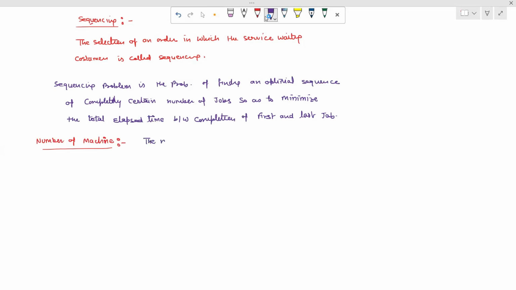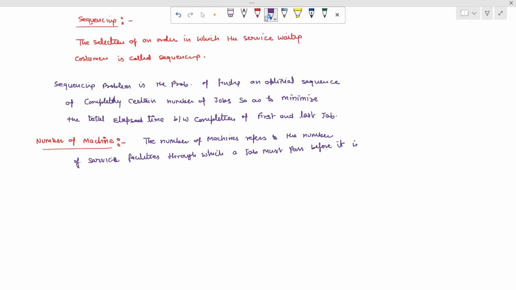The number of machines refers to the number of service facilities through which a job must pass before it is assumed to be completed.